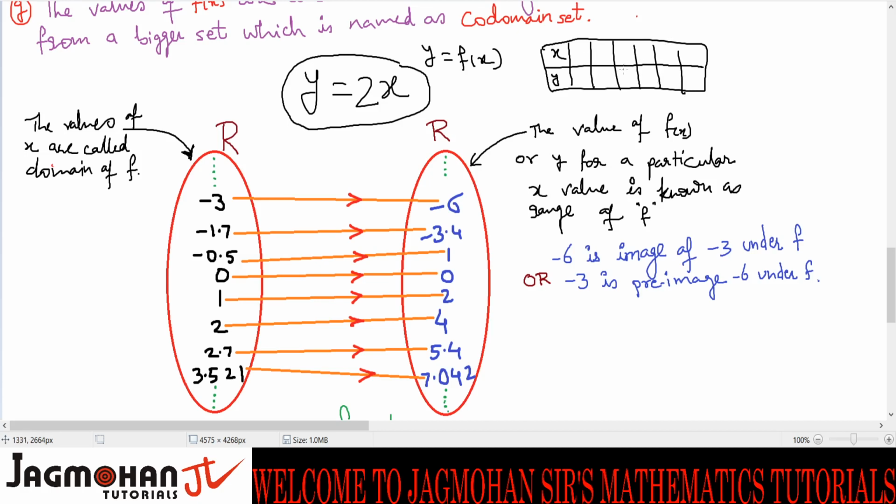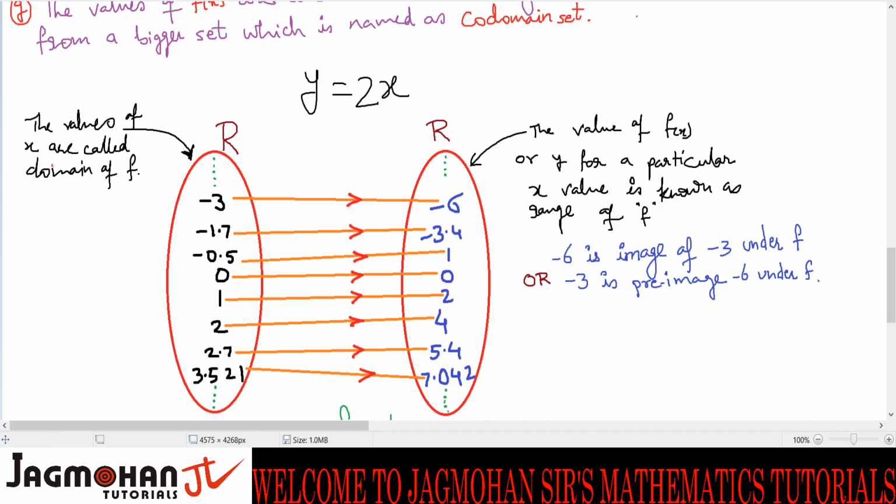This is also one method of writing the function, and that is known as the tabular method. And the final one that we saw was the arrow diagram method. So we have learnt so far these different ways of writing a function.